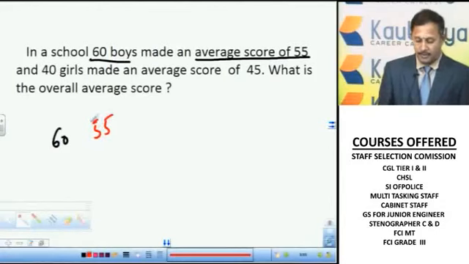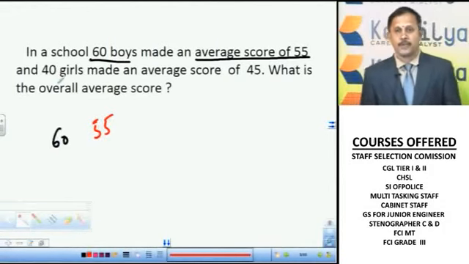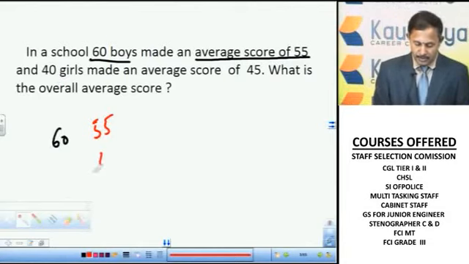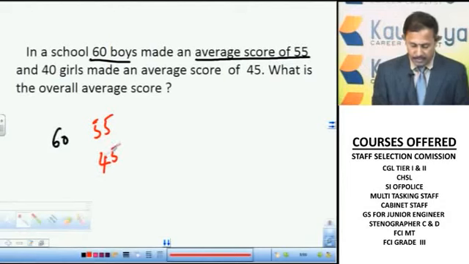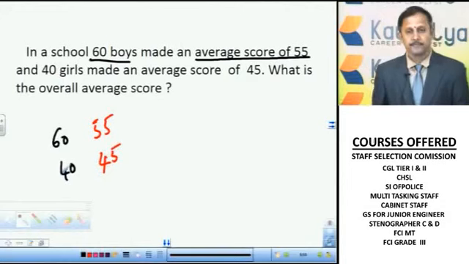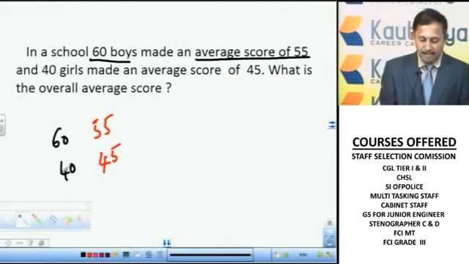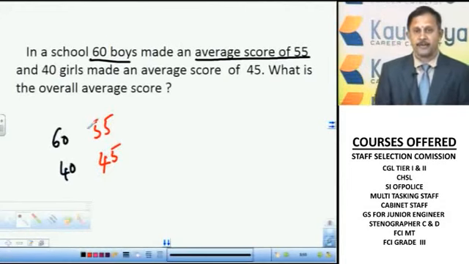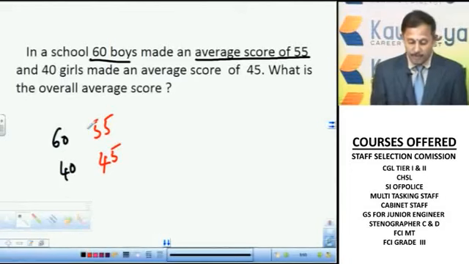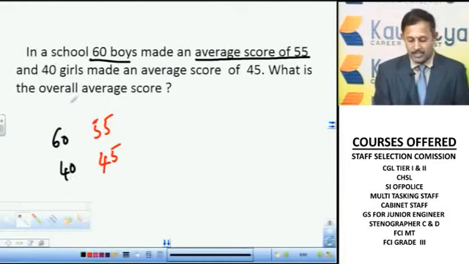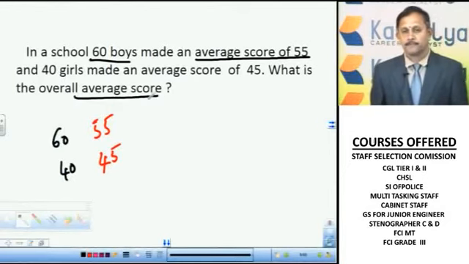Next, there are 40 girls, and their average score is 45. The average score of 60 boys is 55 and the average score of 40 girls is 45. And here the question is, what is the overall average score?